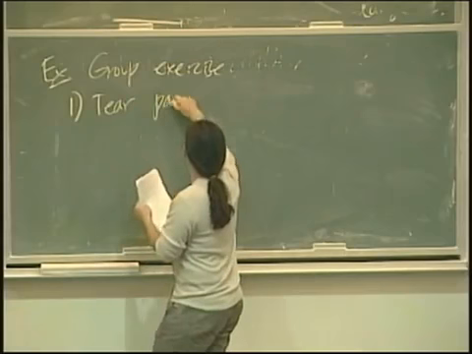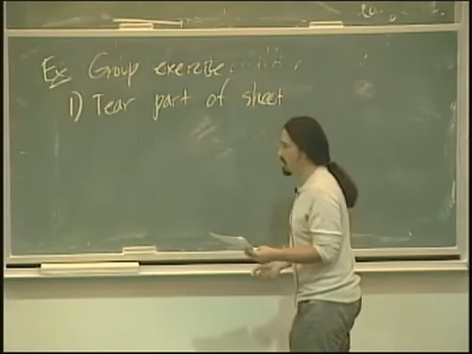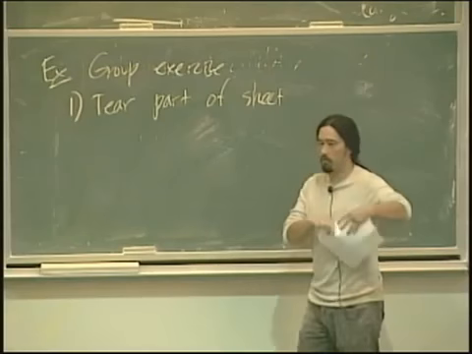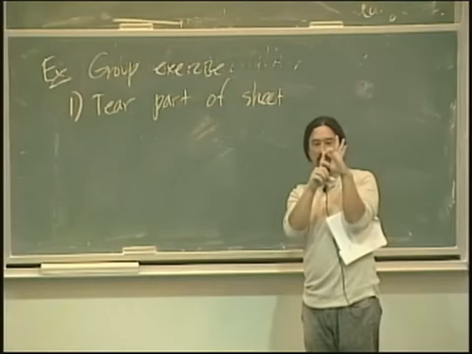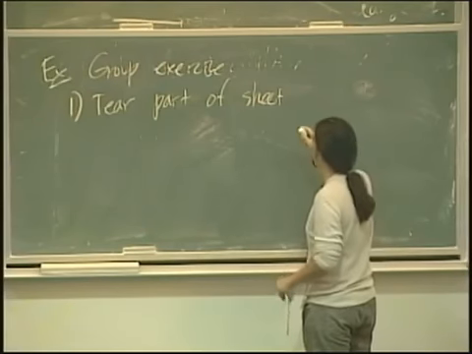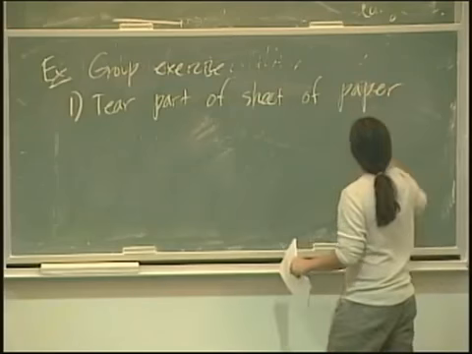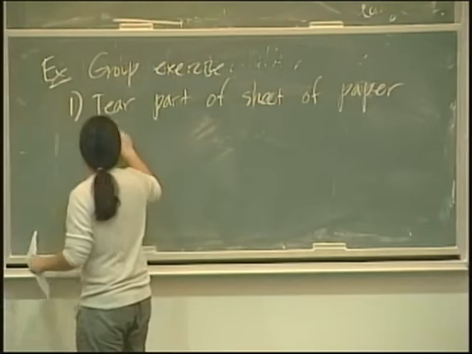So tear part of a sheet. It doesn't need to be a whole sheet. Basically, you need to get 3 little pieces of paper, about that big. If you want, just tear off the bottom quarter of a sheet of paper or something like that, into 3 pieces.